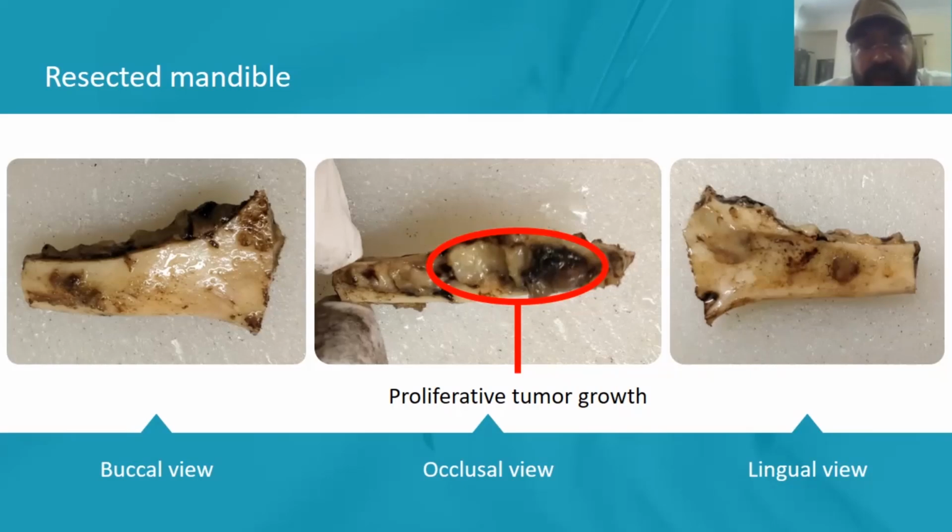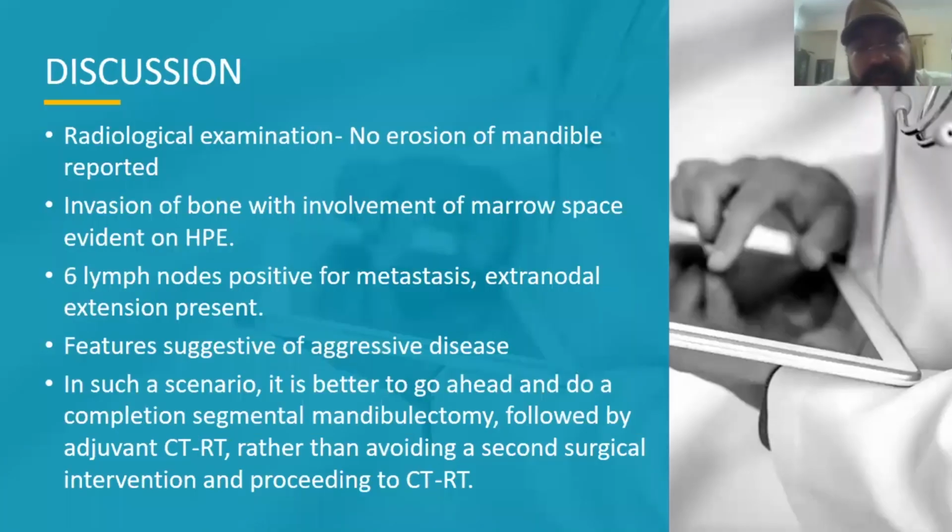And so, coming to the discussion part of it, though the radiological examination showed that there was no erosion of bone, and as I discussed earlier, there is a 10% flaw in the investigations, that sometimes we end up having a bone involvement when the investigation shows it is not there.